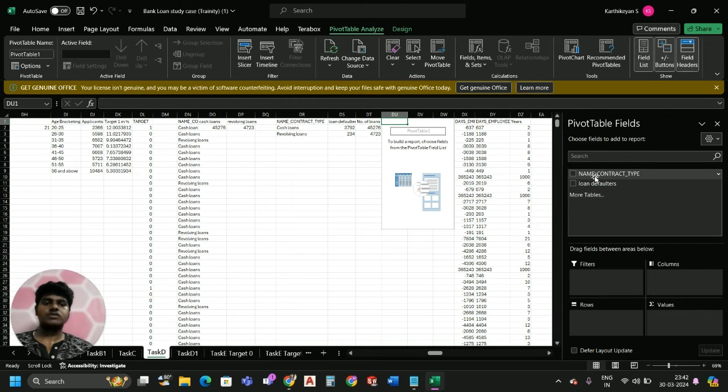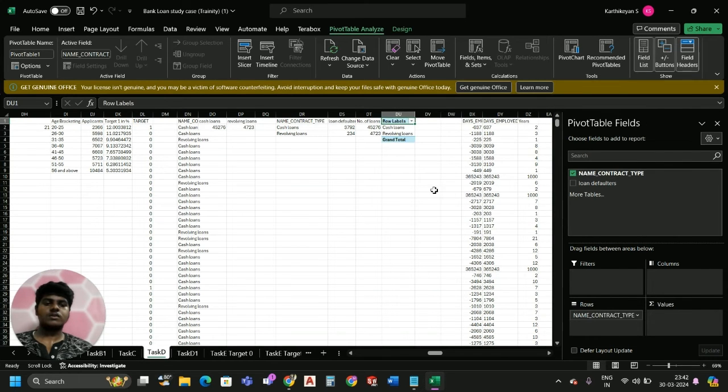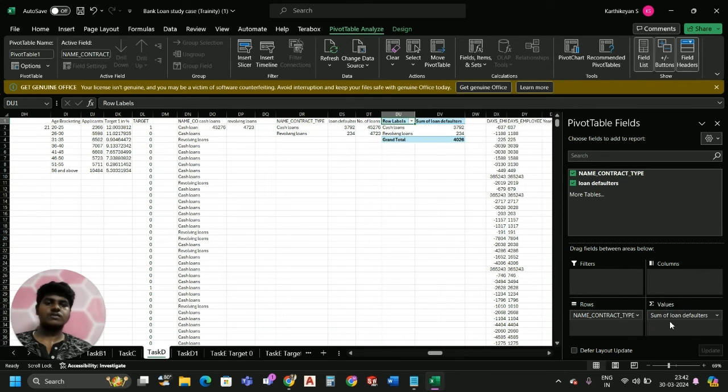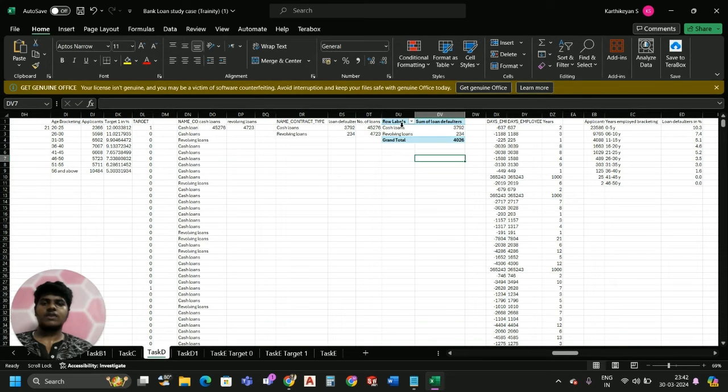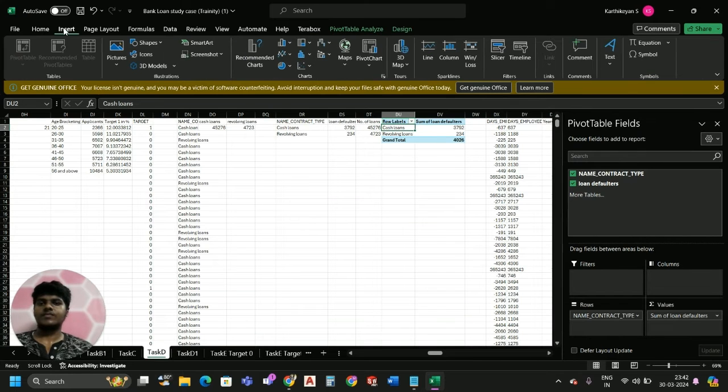So now we need to assign which column should be a row and which one should be a value. So let us click on this and drag it near the rows, and automatically the rows will appear like this. Then click on the loan defaulters and drag it near the values. Here comes the pivot table. After creating this pivot table, just click on any row and go to insert.